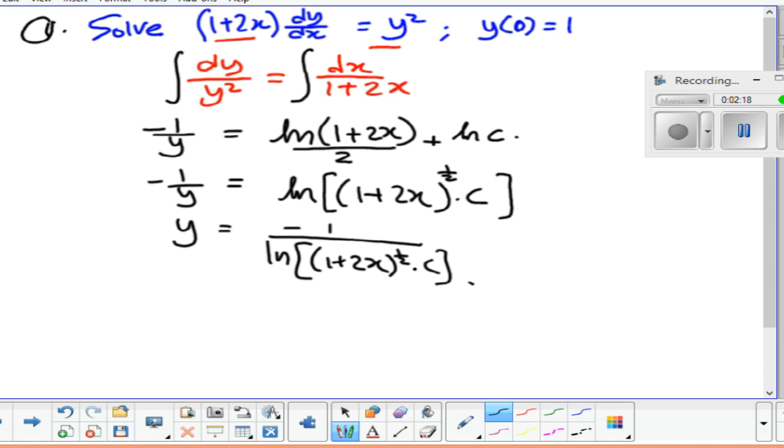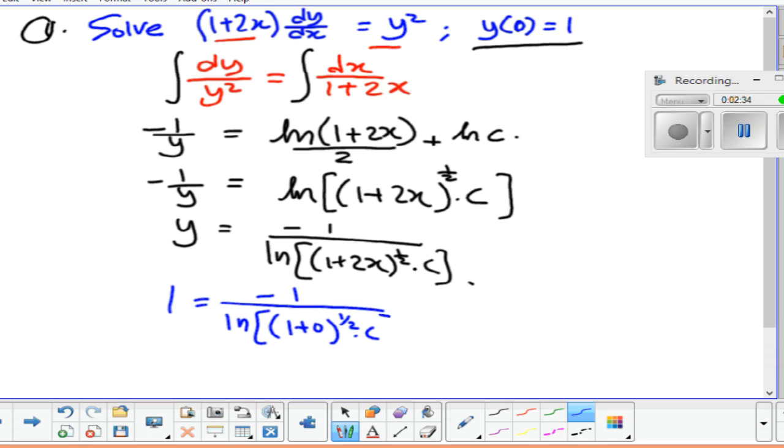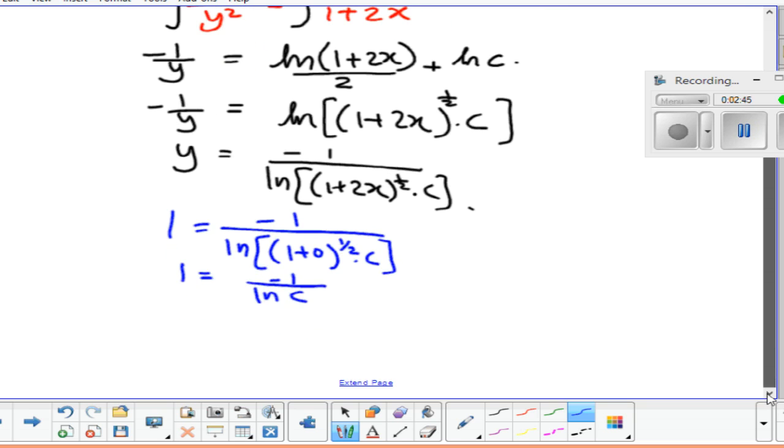Alright, so now I need to use this boundary condition: y of 0 is equal to 1. That is 1 equals negative 1 over natural log of (1 plus 0) to the power of half times c, which you can see is negative 1 over natural log of c. That is, ln c is equal to negative 1.